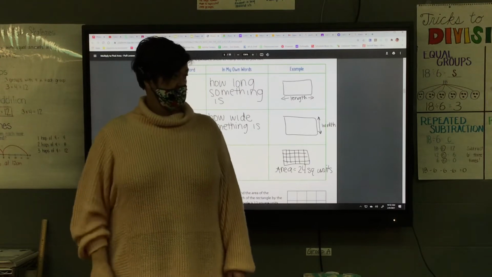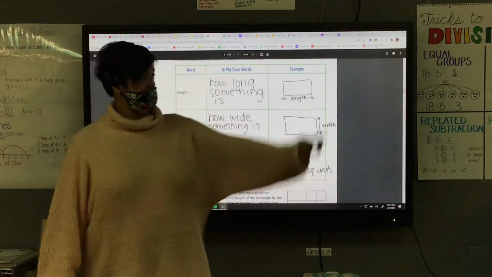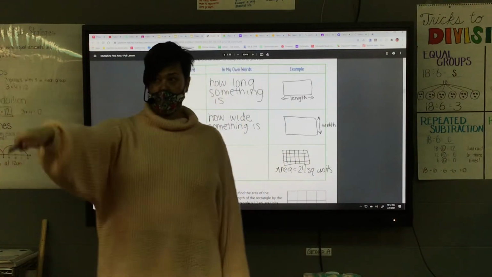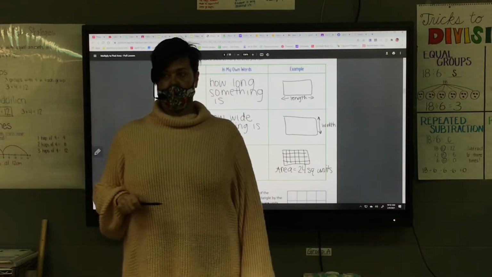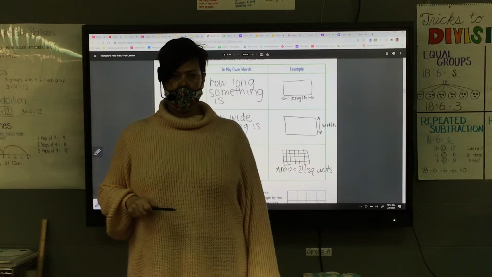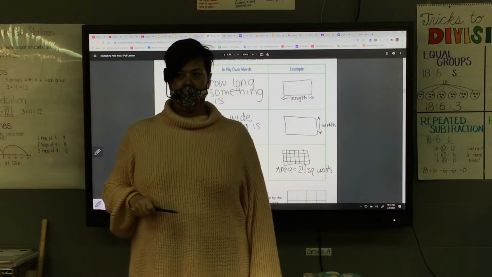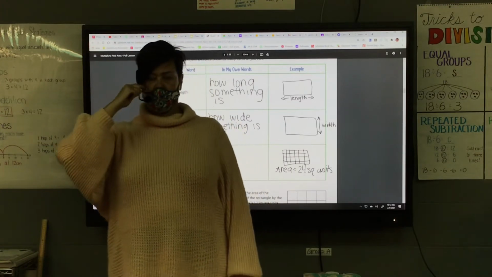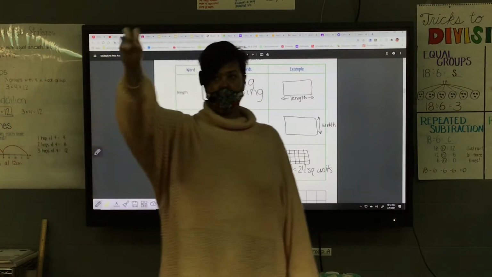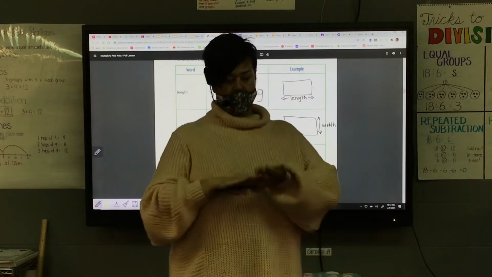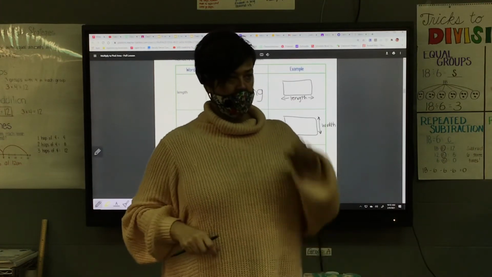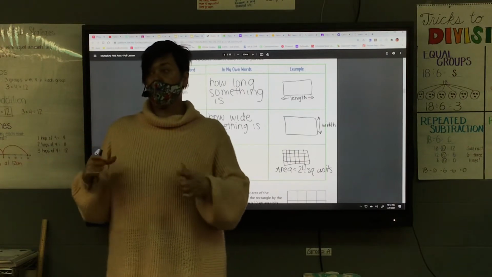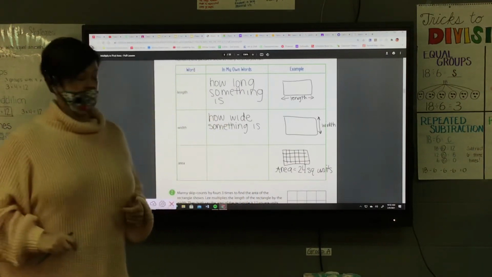Of a window, of a door, of a doorknob? No. Of the shape of the sink? Yes. A cabinet door? Yes. The top of a Kleenex box? Yes, the shape of that top is a rectangle. Okay. All right.